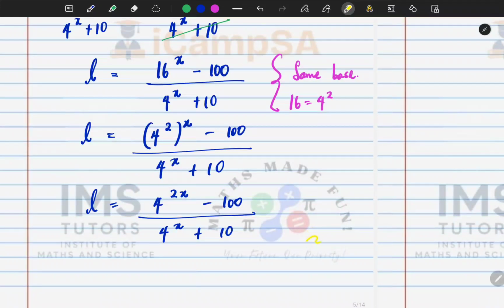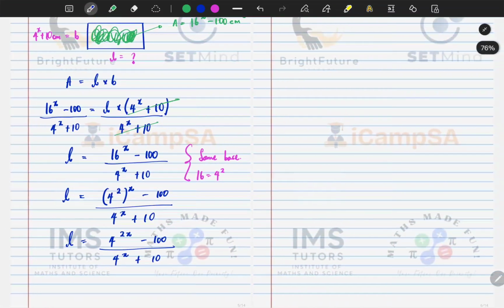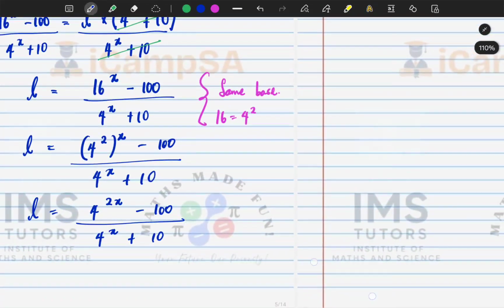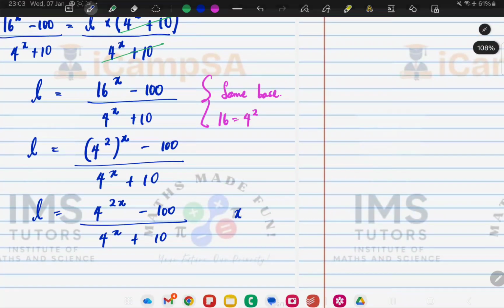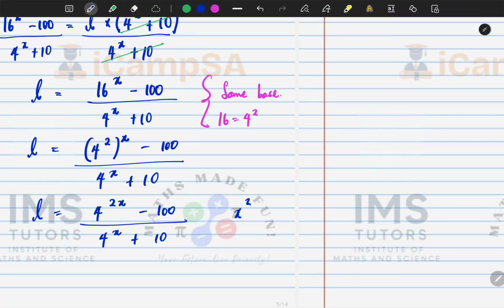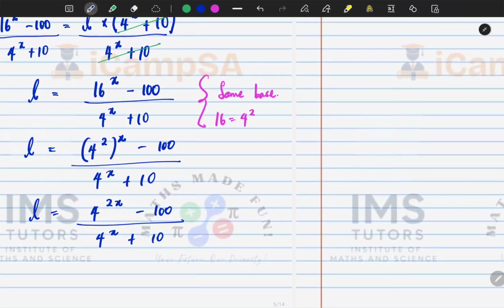It's the same thing as having, for example, because you are used to x, x squared minus 100, which can also be written as x minus 10 times x plus 10.